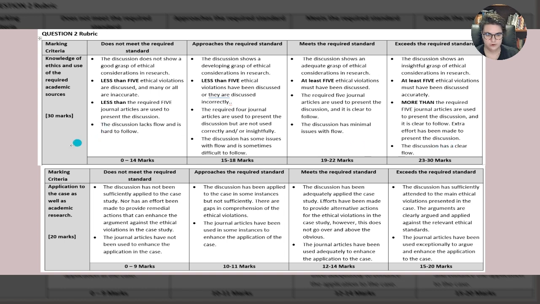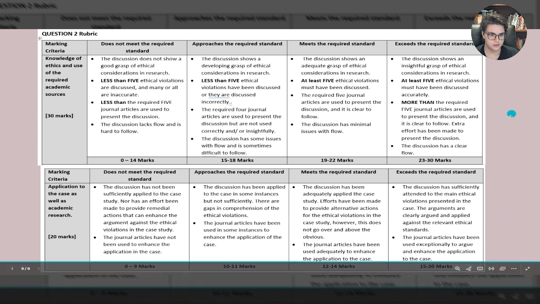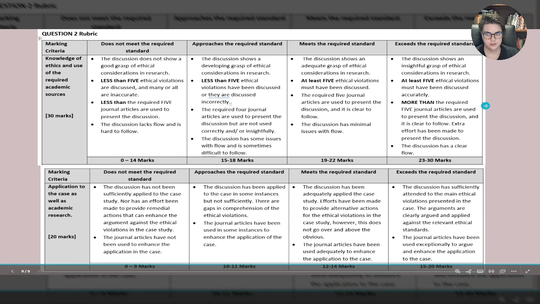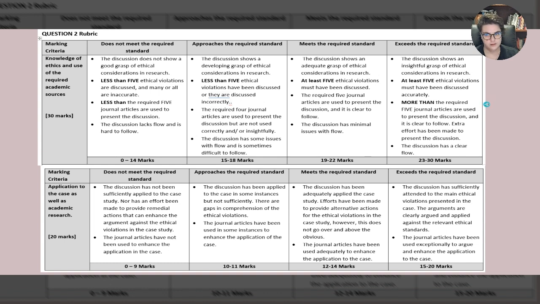You can go through the rubric in your own time, read through each block so that you can see what you are striving for, and always aim for the top block. This is the entirety of the rubric for this question. Most of your marks, 30 marks, come from the knowledge of ethics and the use of required academic sources.